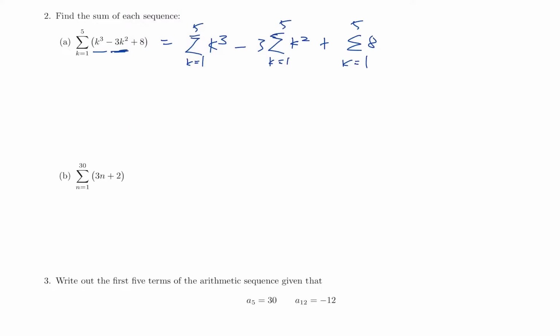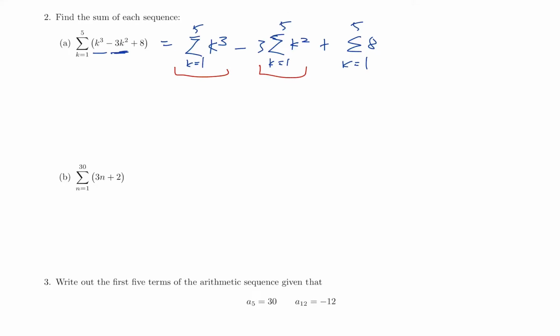So again, the formula for each of these you don't have to memorize. But for this one, the sum of cubes is n times n plus 1 over 2, entire thing squared, minus 3 times the sum of k squared.